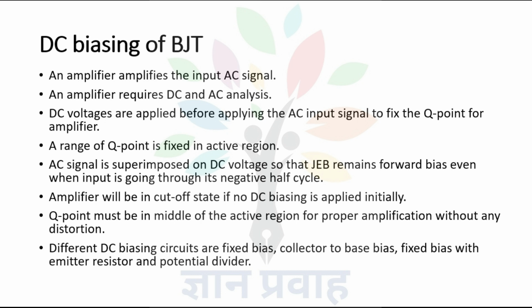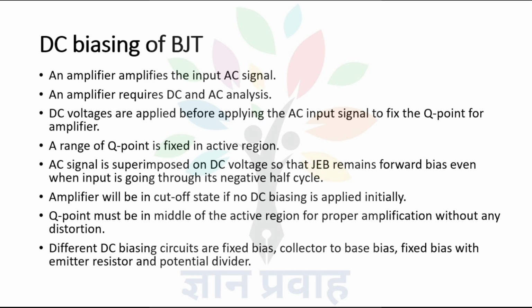So the AC analysis is superimposed on the DC voltage in such a way that it must follow the condition for the active region, because we are using the transistor as an amplifier. The input junction, that is the emitter to base junction, must be forward biased, and the output junction, that is the collector to base junction, must operate in reverse bias.